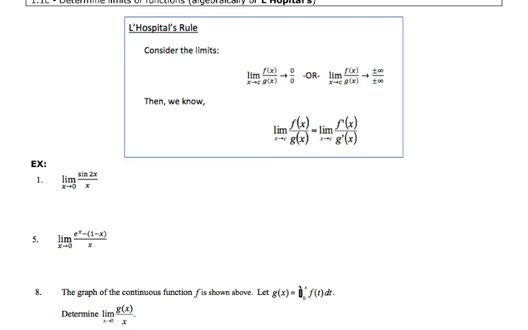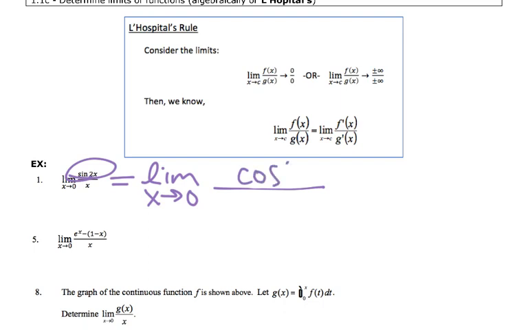And we would write that this is equal to the limit as x approaches 0, and then the numerator, we're going to put the derivative of the numerator. The derivative of sine of 2x is cosine of 2x times 2. That's chain rule. Okay, now we can take the derivative of the denominator. The derivative of x is 1.